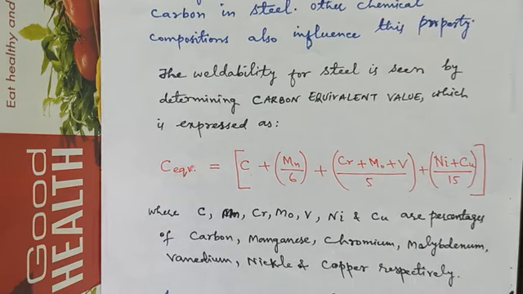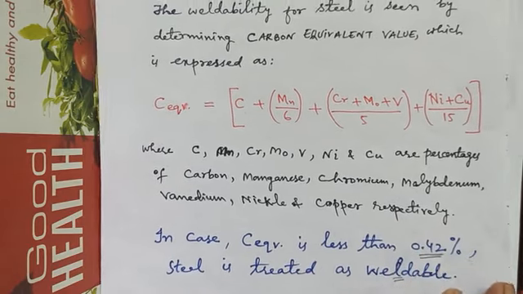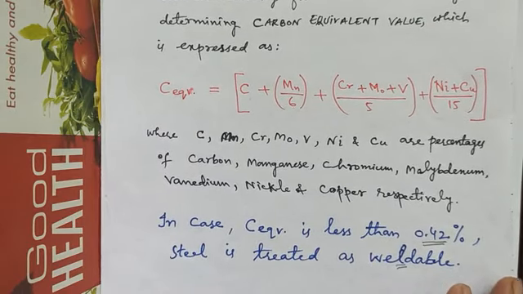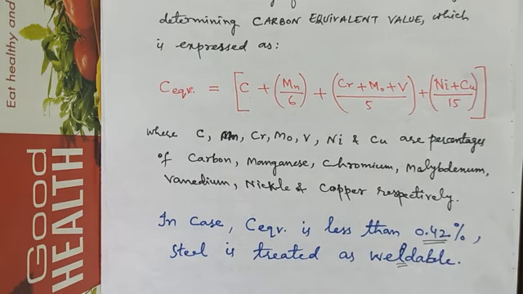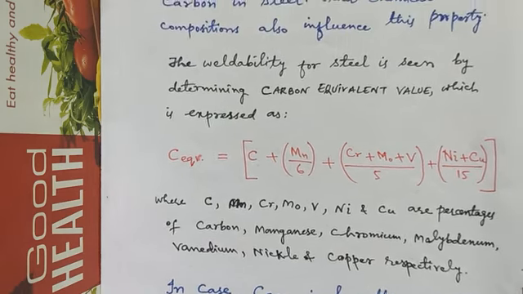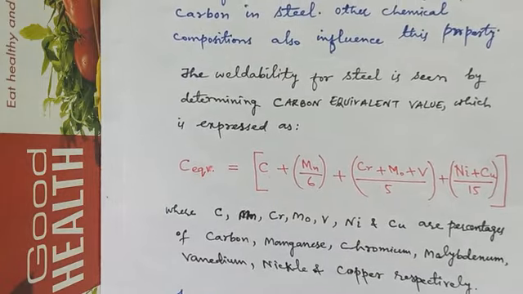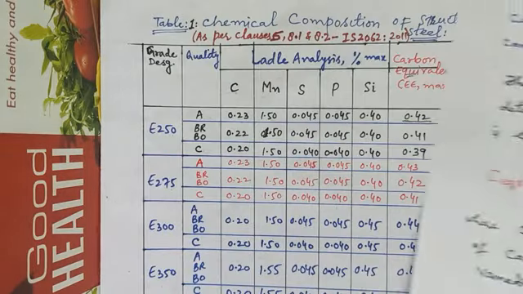So in case the carbon equivalent is less than 0.42, steel is treated as weldable. So 0.42 carbon equivalent is the limit for weldable steel. The steel which has a carbon equivalent less than 0.42 is supposed to be weldable steel as per IS 2062-2011.